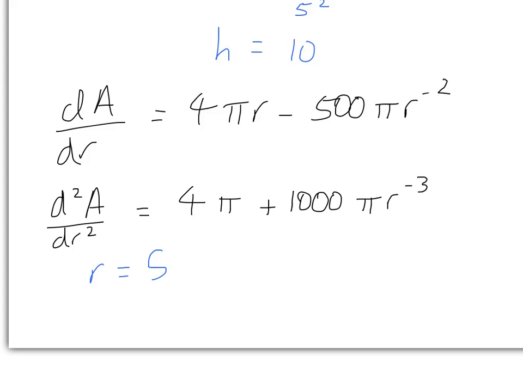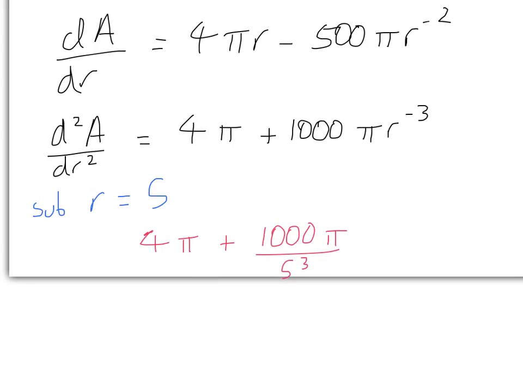So we're subbing that in. So hopefully 4 pi add 1000 pi over r cubed. Well, r cubed is going to be 5 cubed. So here we go. 4 pi plus 1000 pi over 125, which is 8 pi.